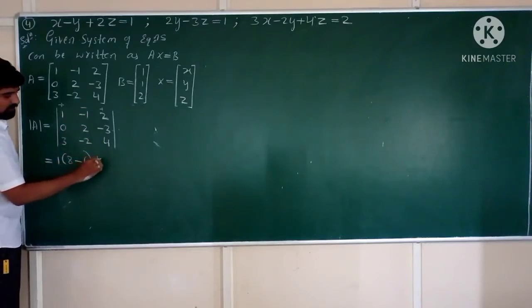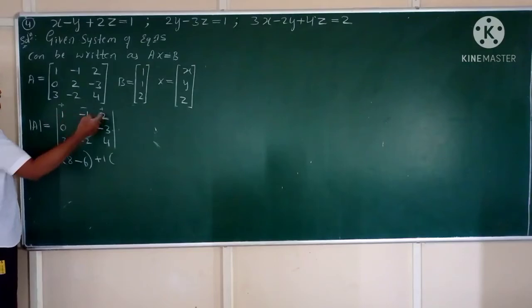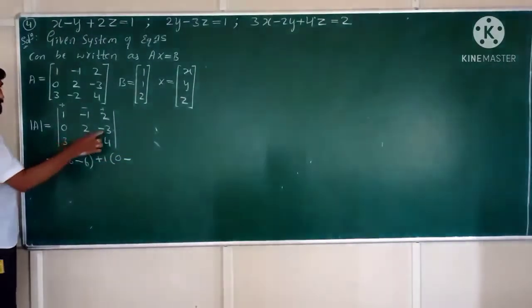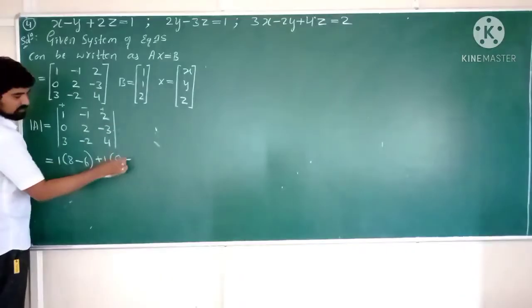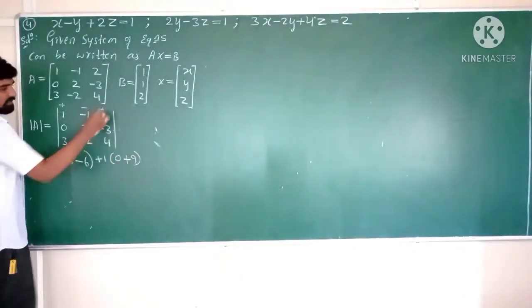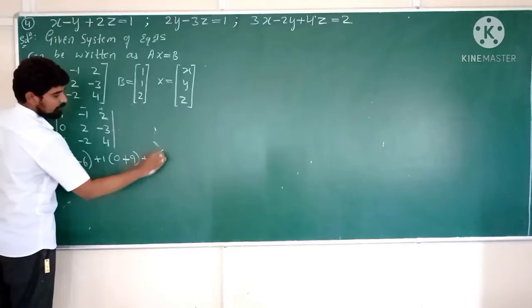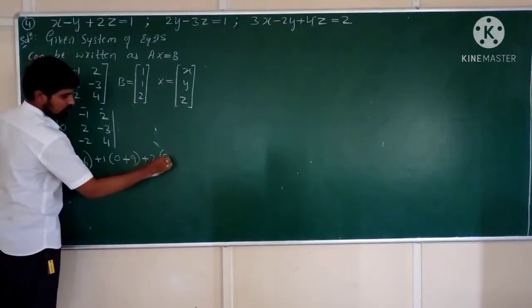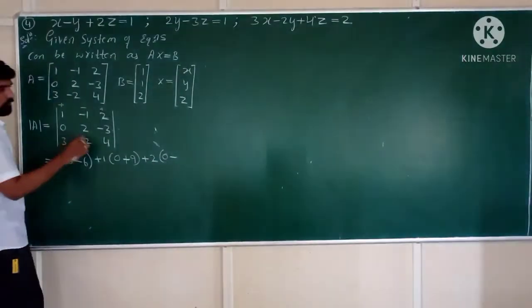Minus into minus, plus 1, deleting first row, second column, 0 into 4, 0, minus 3 into minus 3, minus 9, minus into minus, plus 9. Then plus 2 into, deleting first row, third column, 0 into minus 2, 0, minus 3 into 2 is 6.